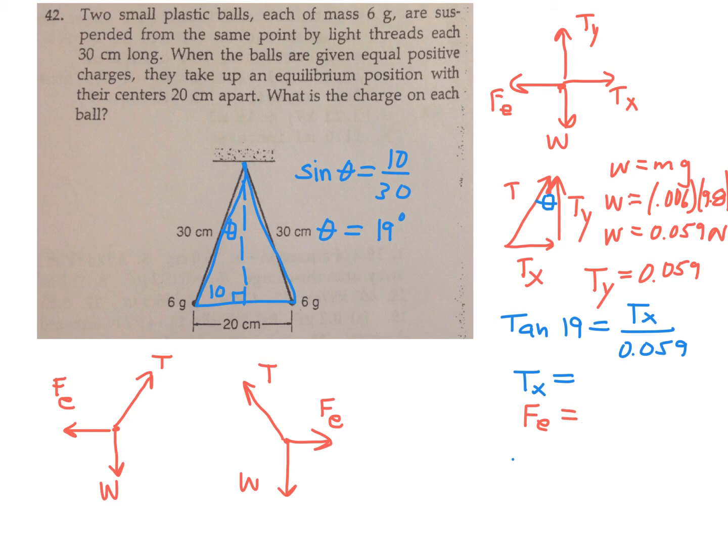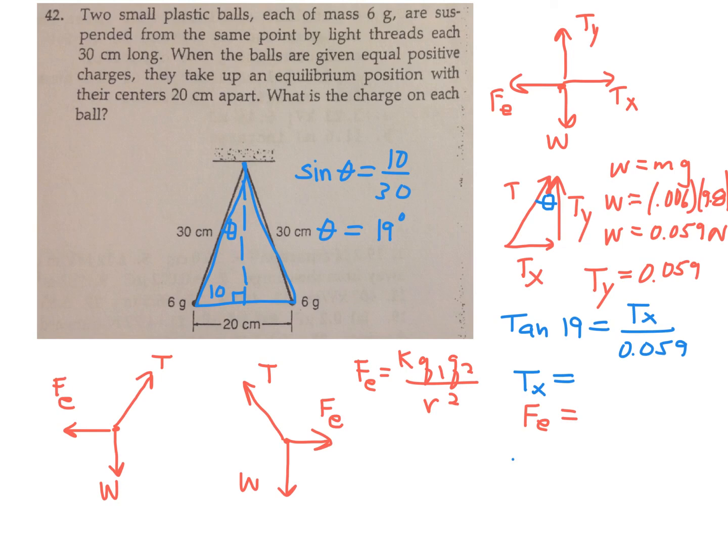Same answer. Now, where does that get us? Well, now if we go to the original idea here that the two particles are repelling because of the electrostatic force, Coulomb's law, F sub E is k Q sub 1 Q sub 2, the charge on each of those, which we're looking for here, over r squared.